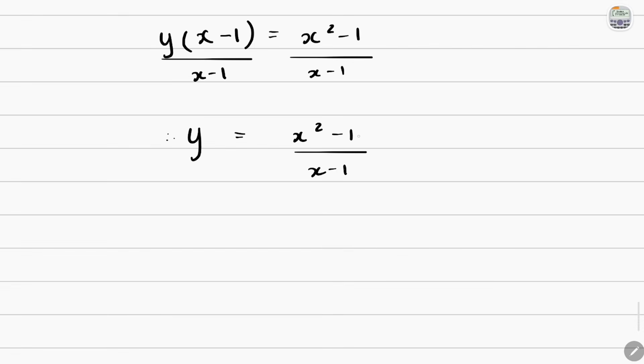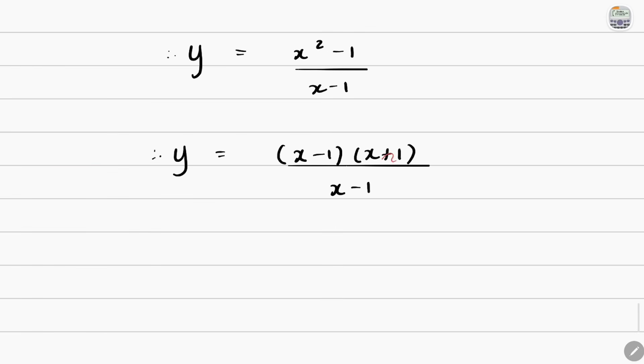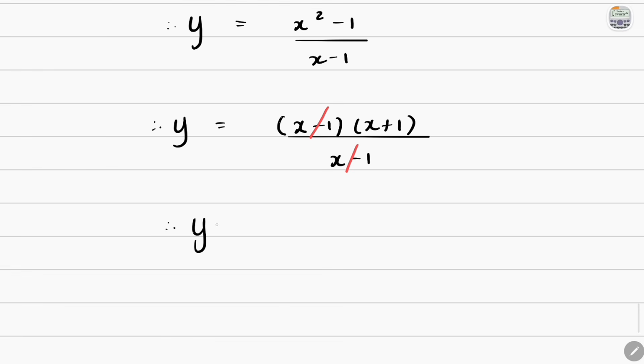Now, do you see that in the numerator and denominator we're going to have common factors because this can be factorized using difference of two squares. So y equals, and we're going to open up two brackets. So this is going to be x minus 1 times x plus 1 all over x minus 1. And so these two would cancel, they simplify, and so therefore y is equal to x plus 1.